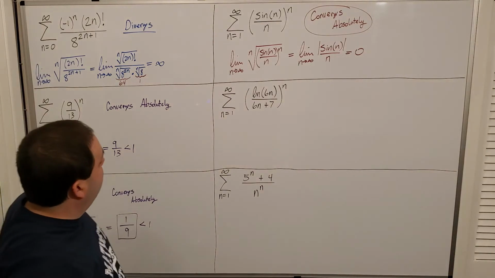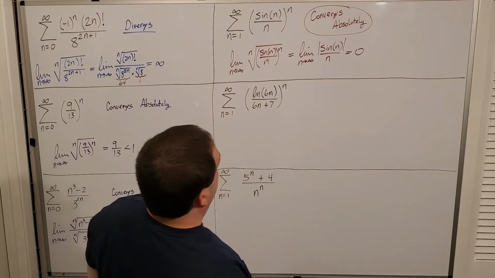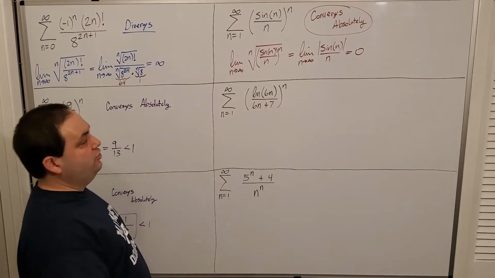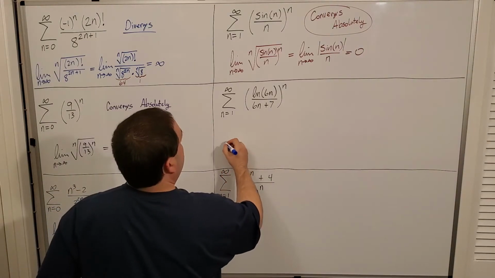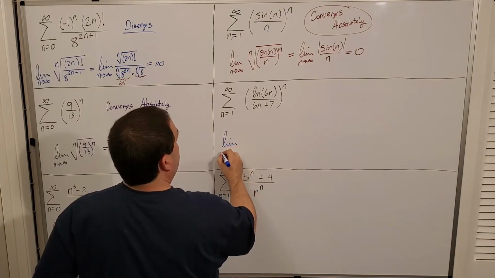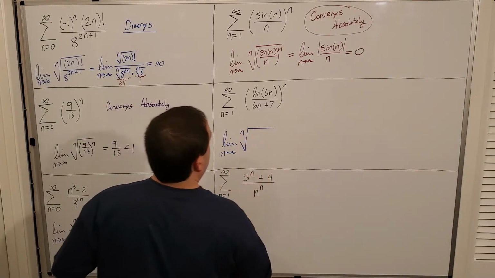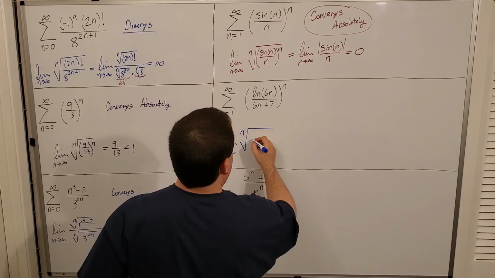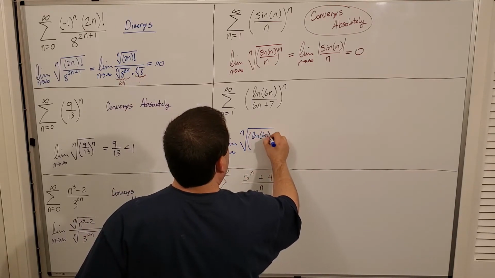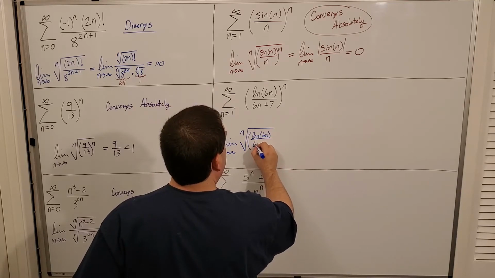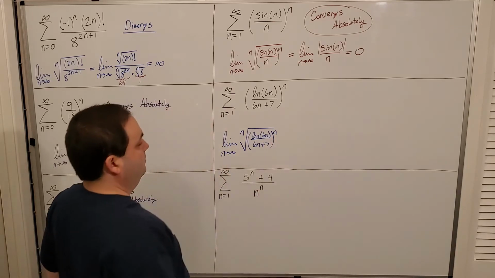Next, same idea. I see that big old nth power on there, and therefore I want to compare these things with the root test. So I'll take the limit as n goes to infinity of the nth root of the ln of 6n over 6n plus 7 to the n.